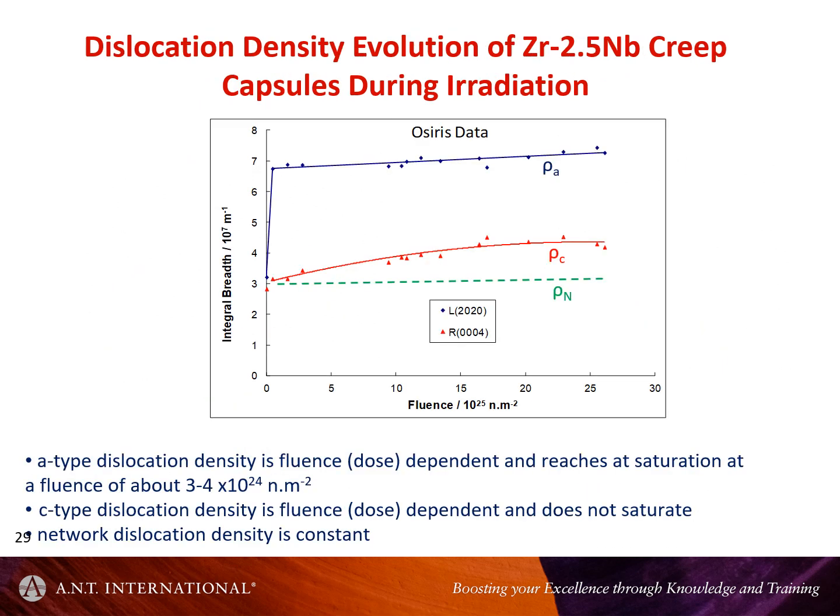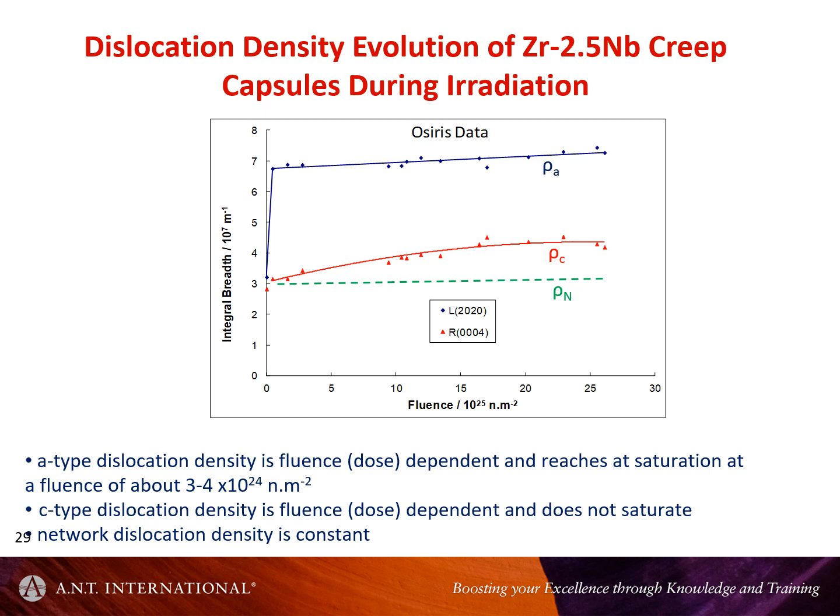Now this is the zirconium pressure tube. Similar effects. If you look at zirconium pressure tubing, we get this rapid increase in the A-type damage, and it saturates at a very low fluence, roughly 2 times 10^24 neutrons per meter squared, which should be 2 or 3 times 10^20 neutrons per centimeter squared.